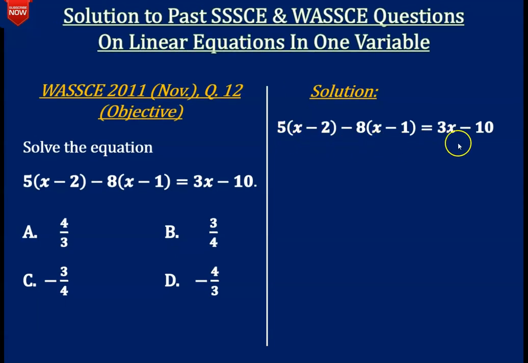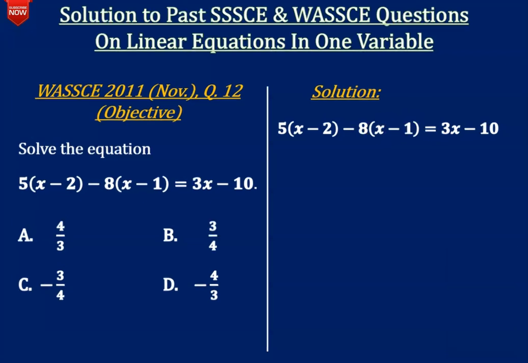This is an equation containing brackets. Therefore, we need to first remove the brackets by distributing 5 over x minus 2 and negative 8 over x minus 1. So for the first bracket, we have 5 times x to be 5x and 5 times negative 2 to be negative 10.